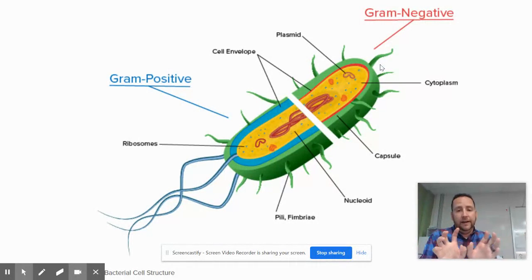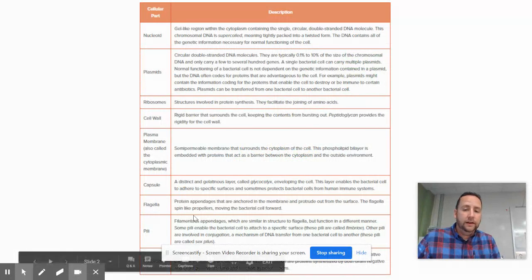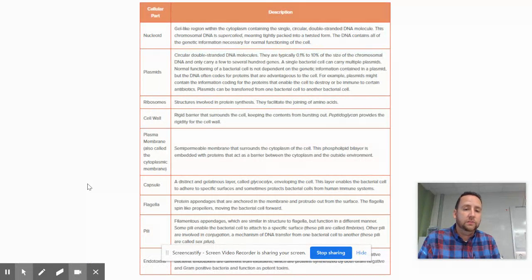And then you also have a flagellum. Here are some of those structures in the diagram and what they do. This gives you some more information on the plasmid.